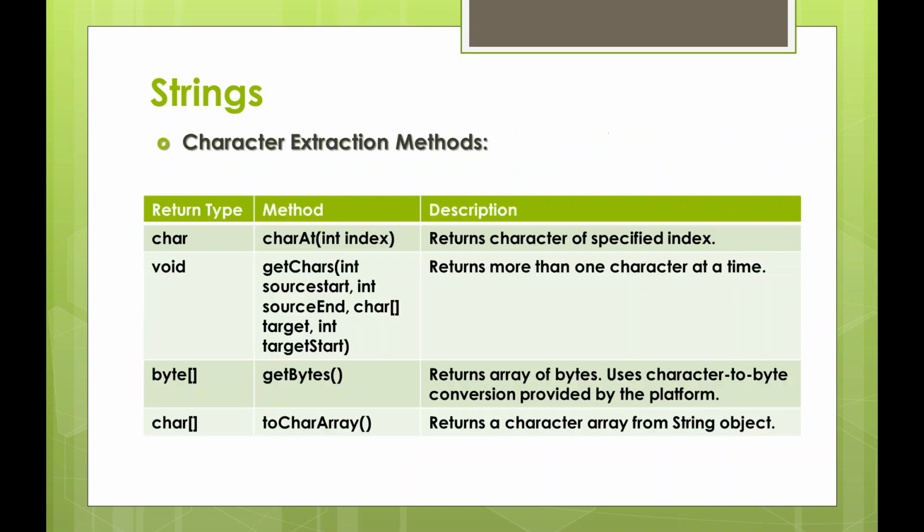String provides various methods to extract characters. What are the different methods we have? charAt: we can specify an index, and it returns a character.